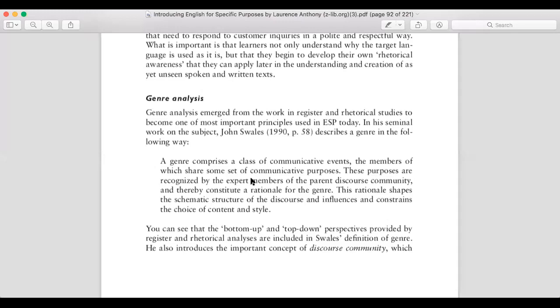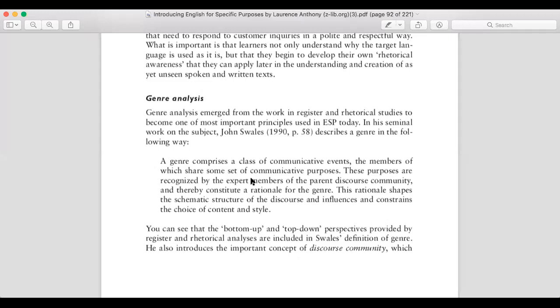For instance, novel is a genre, drama is another genre. Now, what is the characteristic technique of writing a play or a drama? It should have a plot. It should have dialogues. So whichever literary text has dialogues and a plot, we would say that it belongs to the genre of drama, for instance.